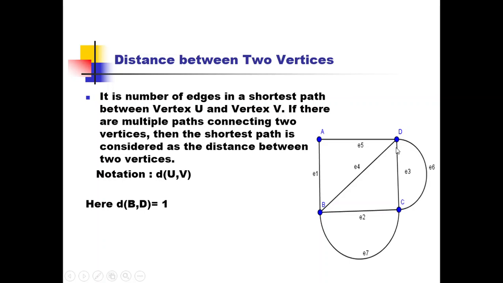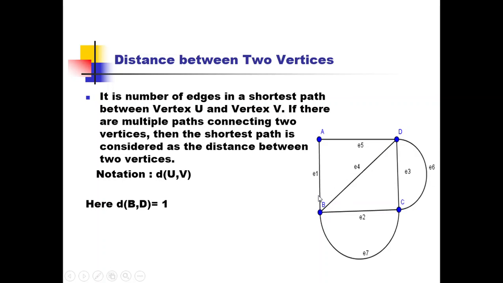There are multiple paths from B to D, but here you have to identify the shortest path, which involves the minimum number of edges. If you consider the path B, E4, D, that involves only one edge to reach D from B. So that is the shortest path here, and only one edge is involved. So the distance between B and D is 1.